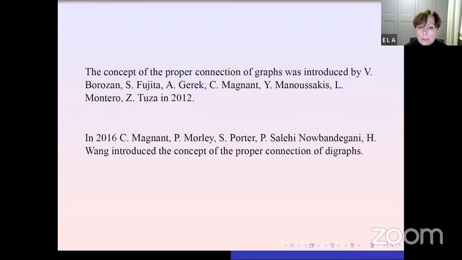In such a case, the path is properly colored if it contains neither two adjacent arcs with the same color, nor two adjacent vertices with the same color, nor a vertex and an adjacent arc with the same color. But in our talk, I will consider only the arc version. So I always color arcs. So I always consider arc coloring.